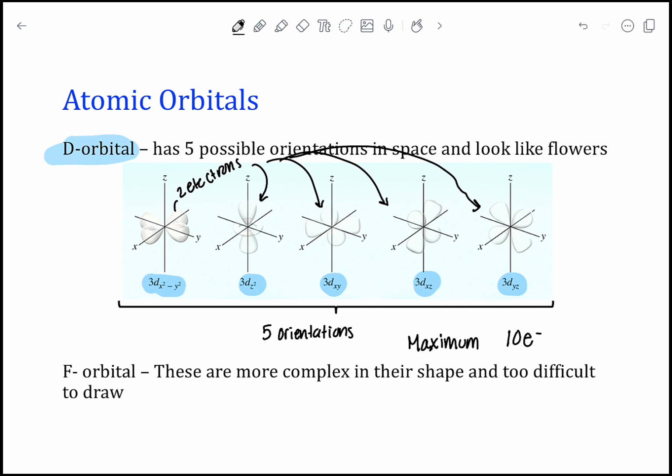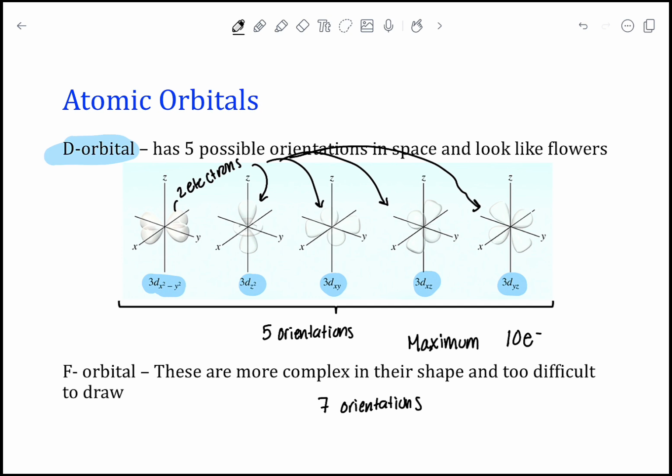The f orbitals are far more complex in their shape, so you don't need to concern yourselves with them, but there would be 7 orientations of f orbitals.